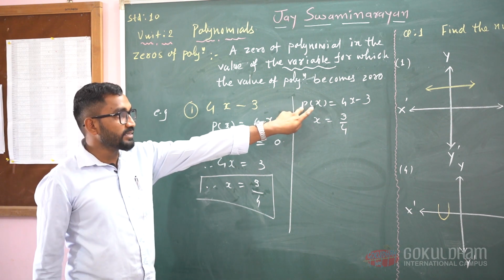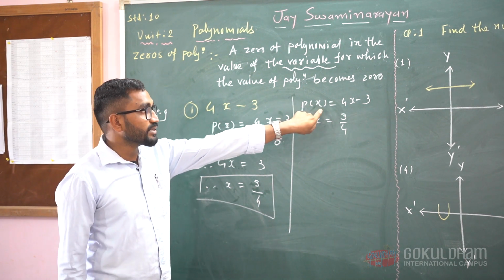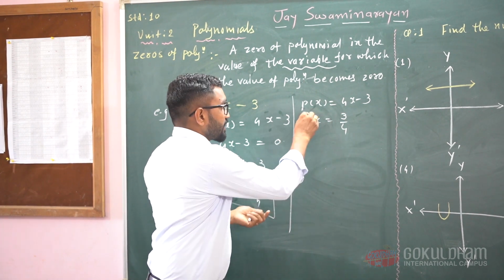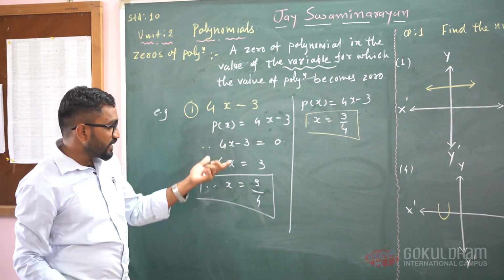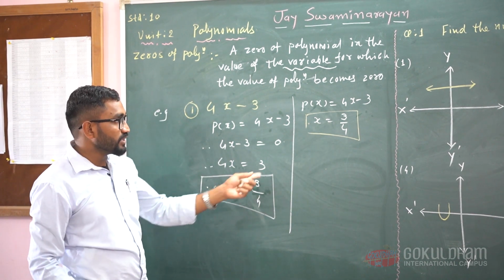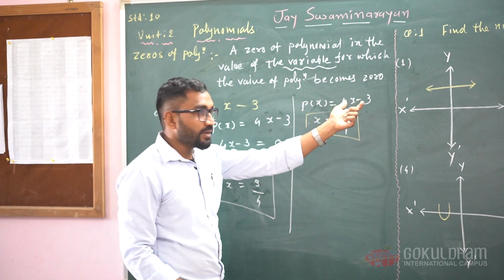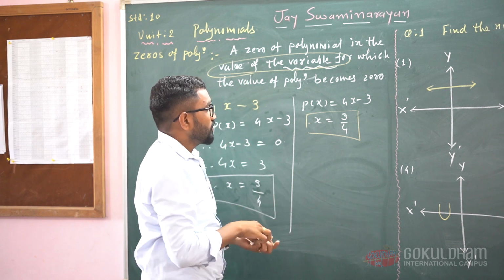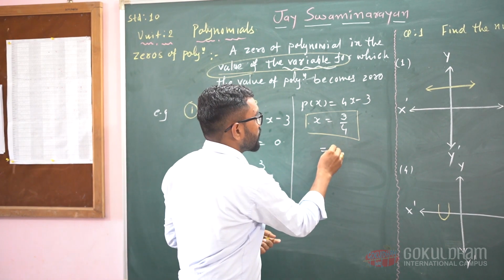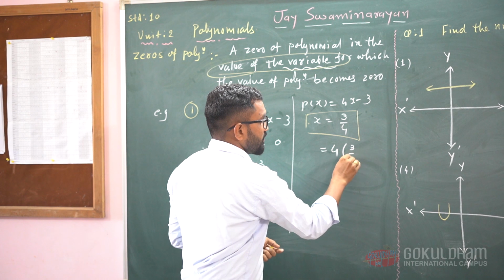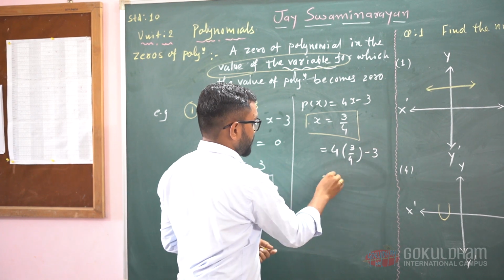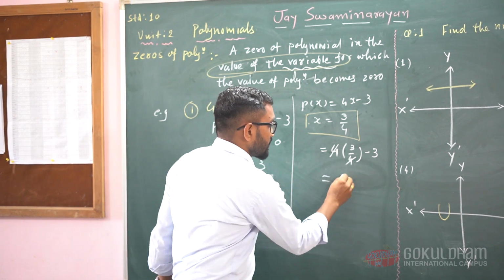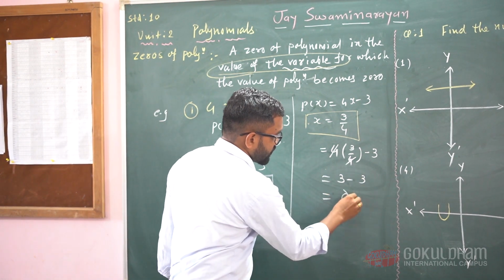Here we find the value of x and put it in the polynomial in place of x. x is the variable. Then it equals 4 times 3 by 4 minus 3. The 4 in numerator and denominator cancel, therefore 3 minus 3 equal to 0.